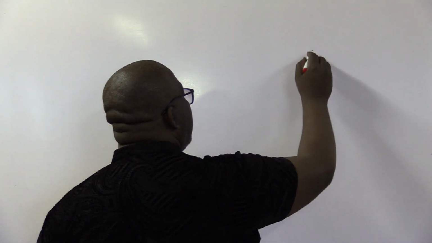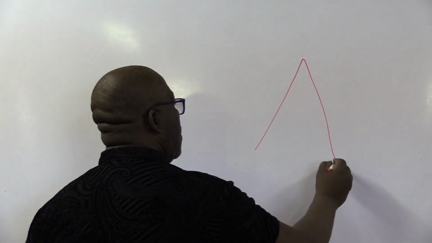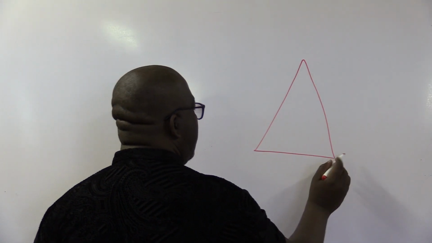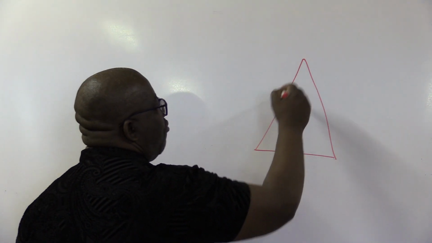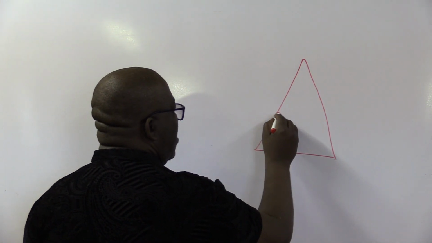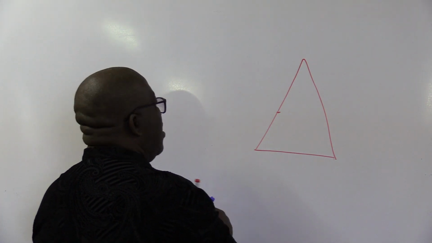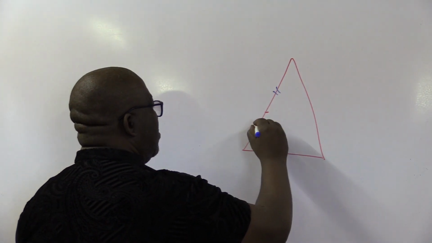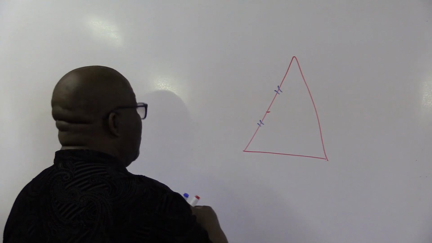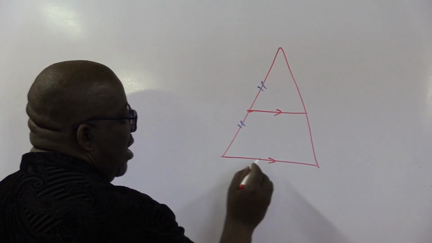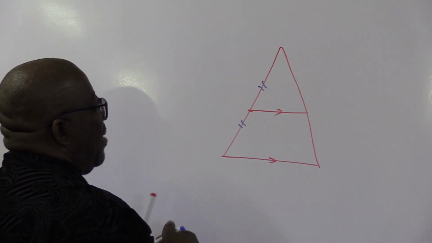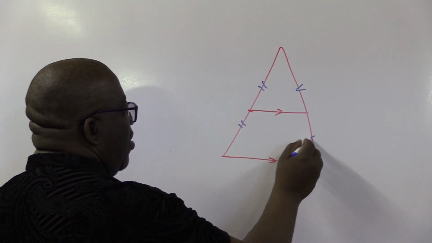If we've got a triangle like this one, what is the midpoint theorem saying? If this is halfway, in other words, if this distance is the same as this distance, and I've got a line that is drawn parallel to this line, and also this part is the midpoint.